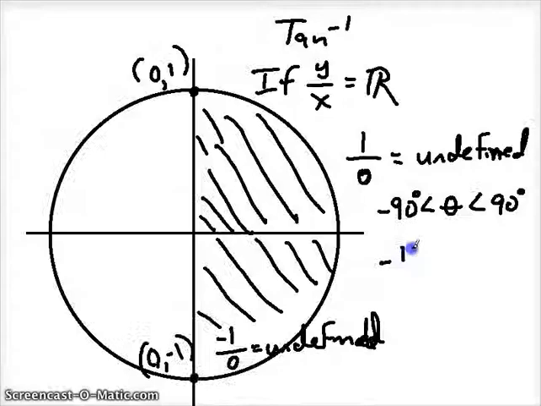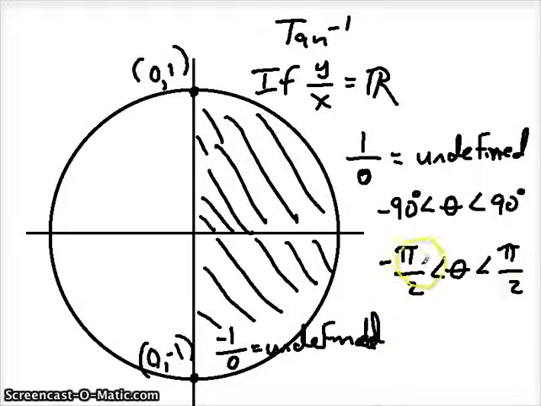Okay. Do the same thing with radians. Any angle measurement in between either negative pi over 2 and pi over 2, or negative 90 degrees and positive 90 degrees. So we cannot include those measurements, but everything else in between are possible angle measurements given by inverse tangent functions.